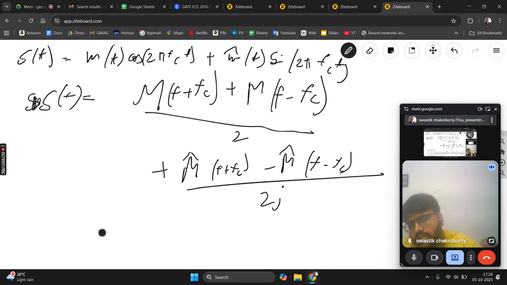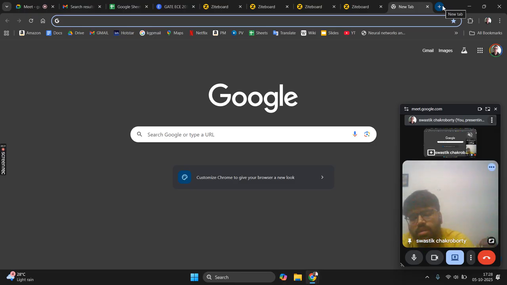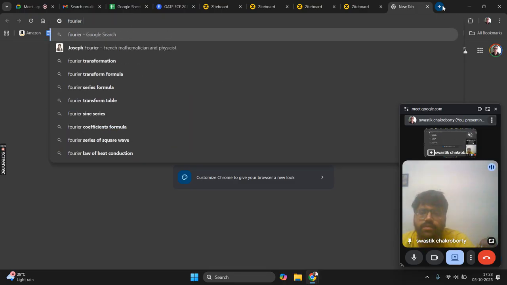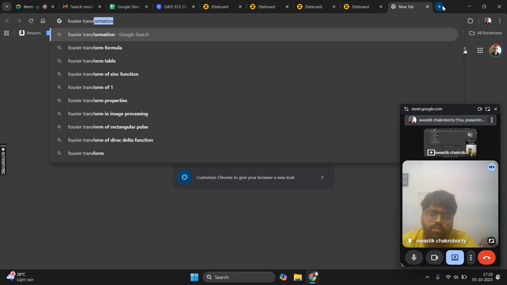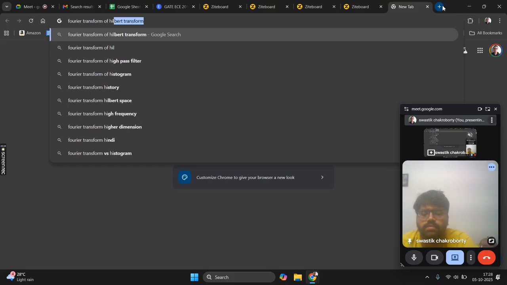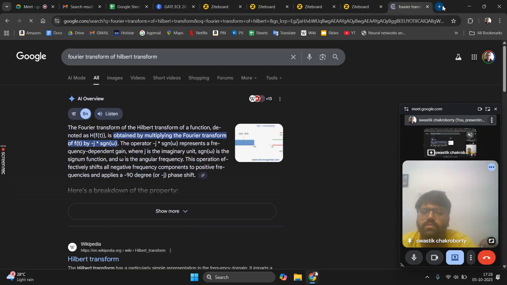Now we have to find the relation between M and M hat. For that we have to find the Fourier transform of the Hilbert transform. The Fourier transform of the Hilbert transform of a function is obtained by multiplying the Fourier transform by minus j sgn(omega).